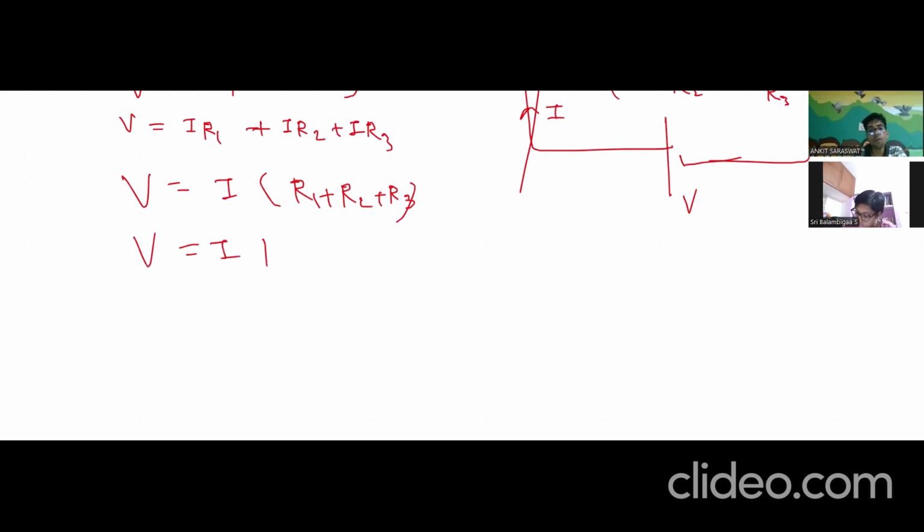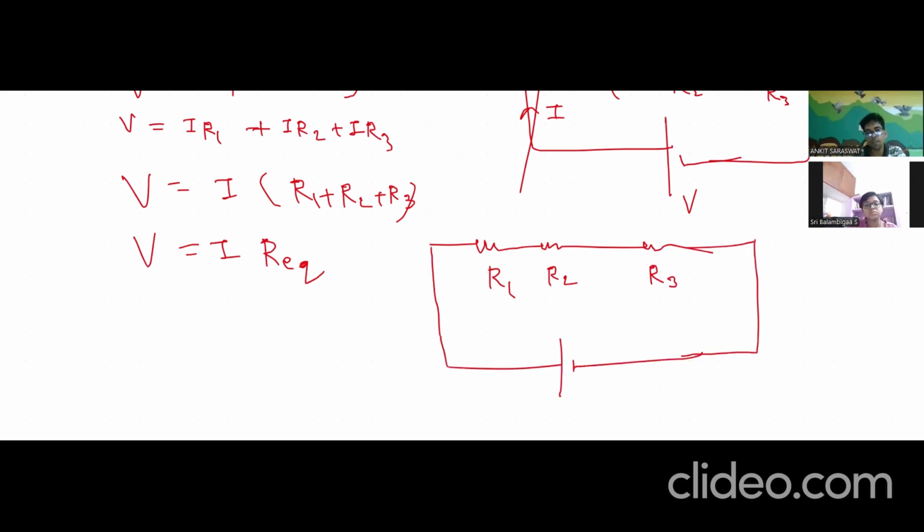Equivalent resistance of all the resistances means what? R1, R2, R3. If I combine all the resistances, this is the cell, battery, whatever else.